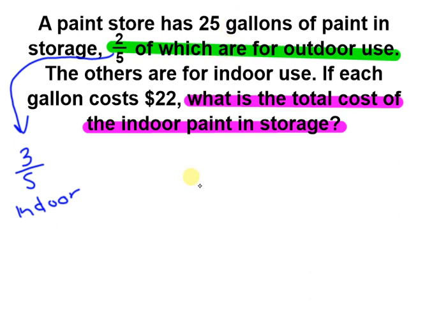So 3/5 of 25 gallons is how much? So I'm going to go ahead and multiply. 3/5 times 25. Now I know when I have a whole number, I need to put it over 1.